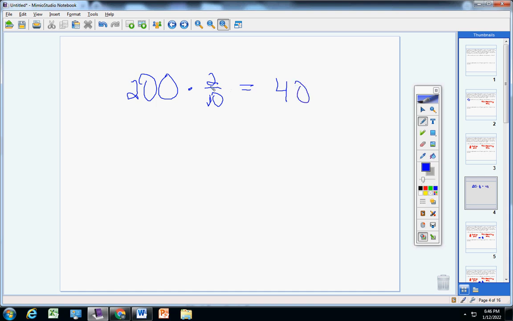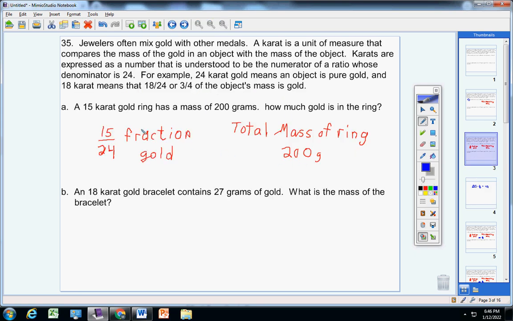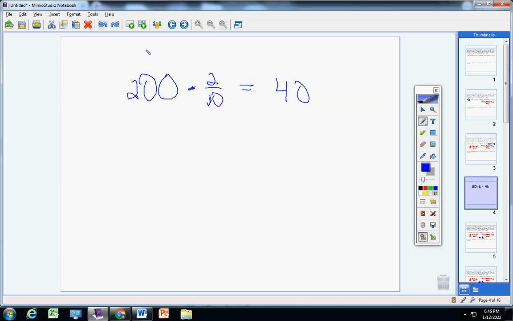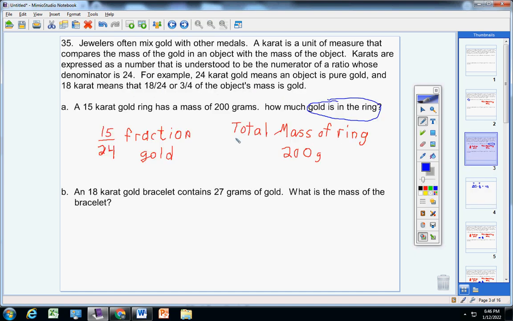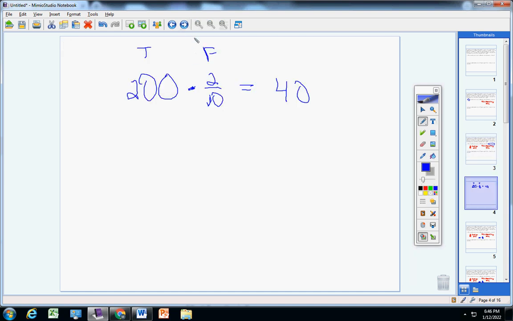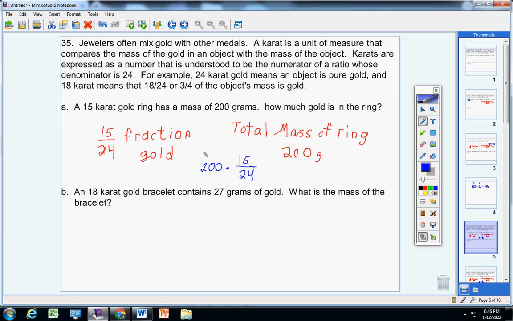So 2/10 of 200 is 40, and you get that by multiplying. Now I want to find how much gold is in the ring, in other words, how much of the 200 grams is gold. Just like here, you take your total and multiply it by the fraction. Take your total, which is 200 grams, and multiply it by your fraction.